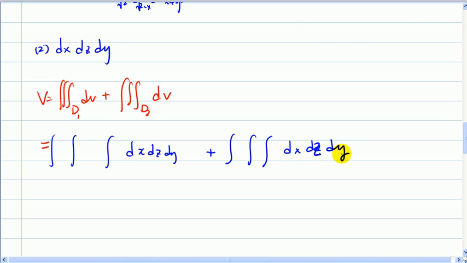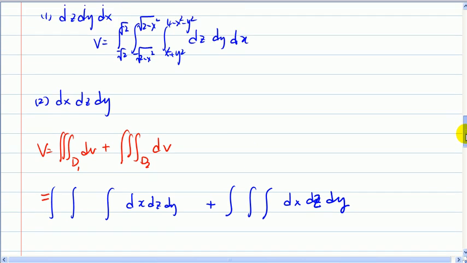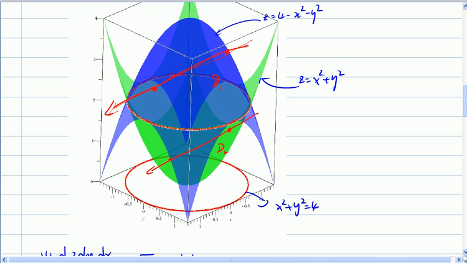Let's take a look at the first region D1 and D2. What would that give us?